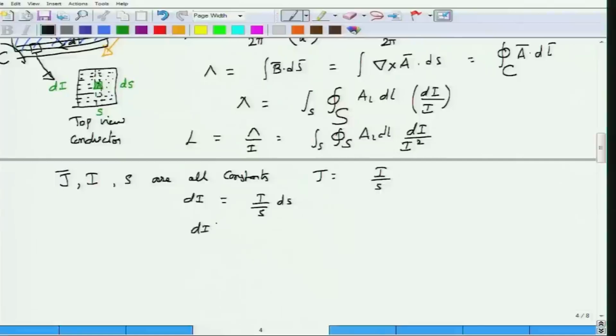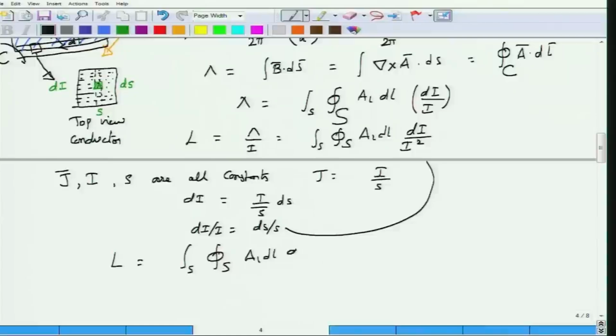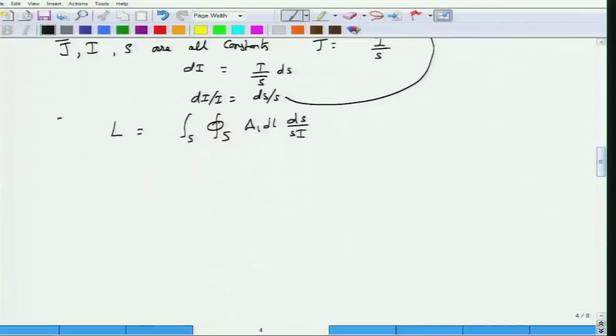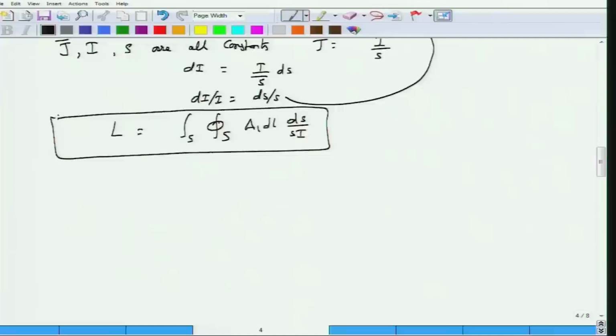Therefore, I can rewrite dI by I as dS by S and substitute that into the expression for L, and when you do that you are going to get L is equal to the integral over S, the integral of the capital S, A·dl and dS by S, into I. This is the expression that we are looking for the inductance.